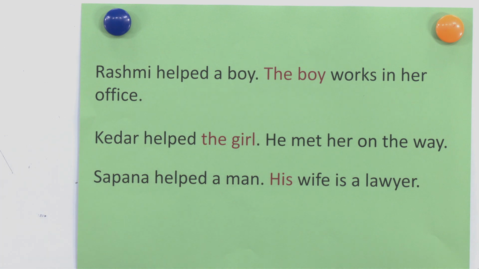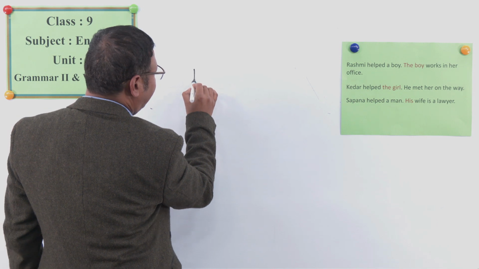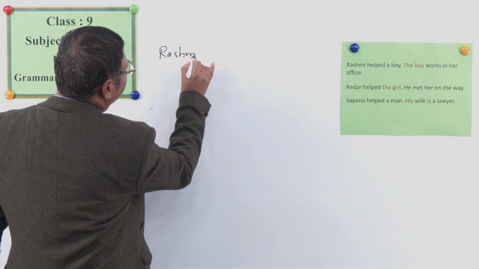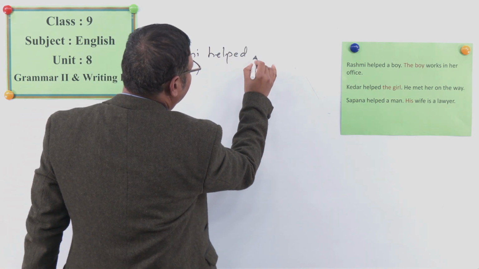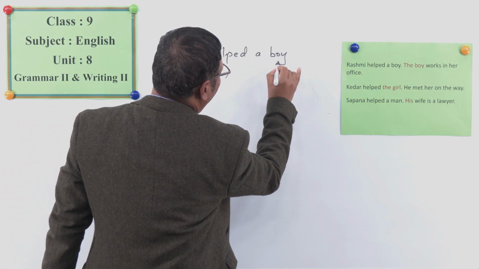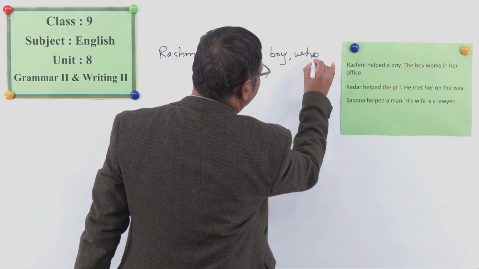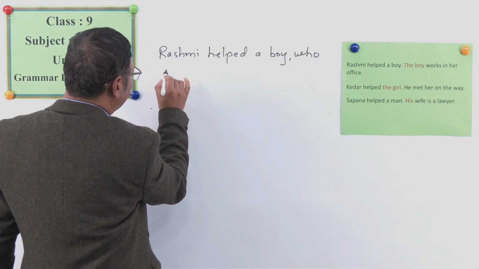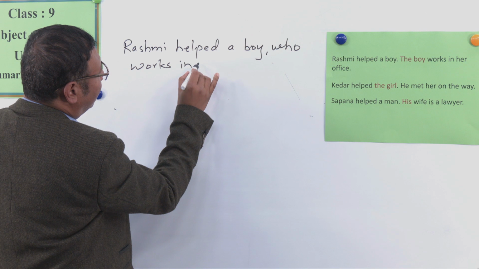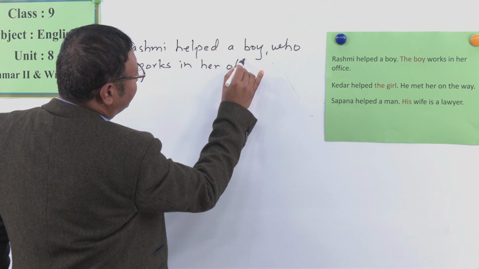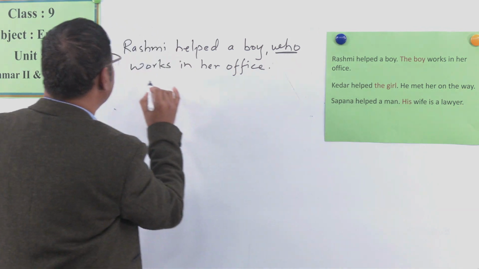So in this case, what we can say is, Rasmi helped a boy who works in her office. Since the boy is a person and the subject, we use who. So this is in the form of the subjective case here.